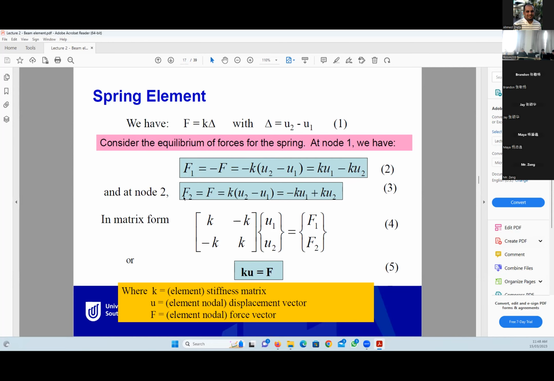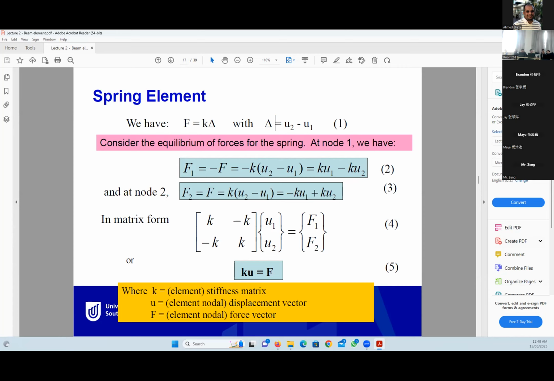And at node 2, we will have F2 equal to F, which is K times delta, or K times U2 minus U1, which equals minus KU1 plus KU2. If we write these two equations in matrix form, we will have K, minus K, minus K, K times U1, U2 equal to F1, F2.